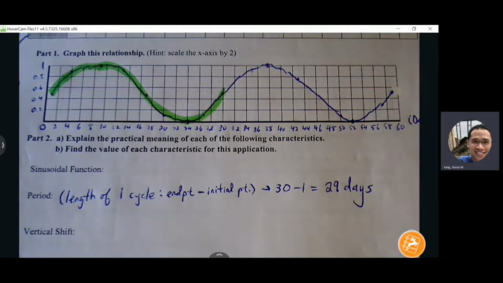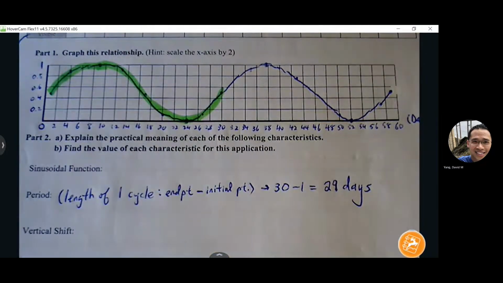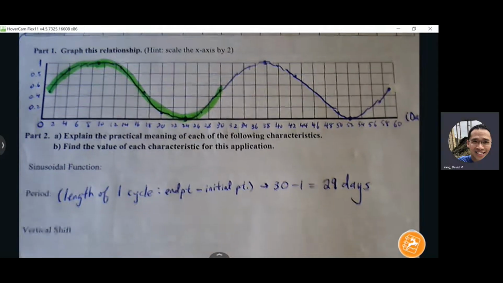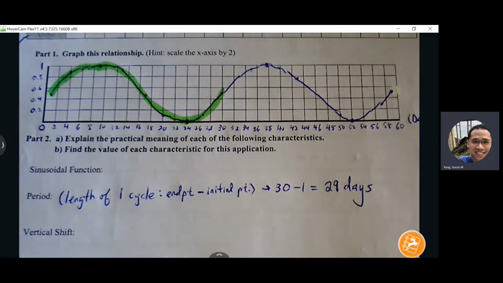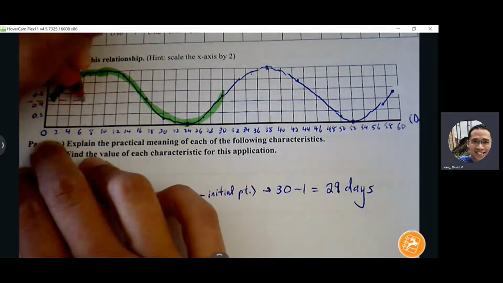So 29 days. Now, where do you think the midline is for this sine graph? 0.5. Okay, so let's go ahead and use a dotted line there.